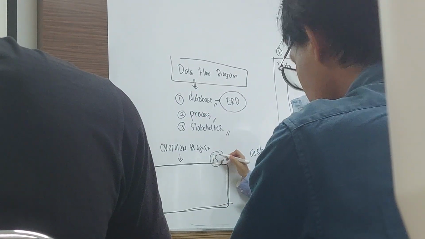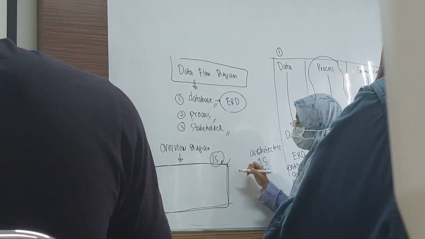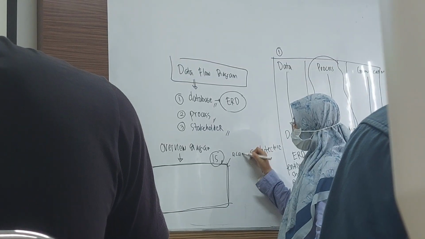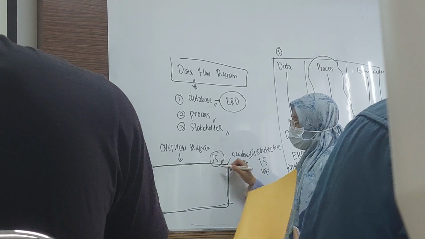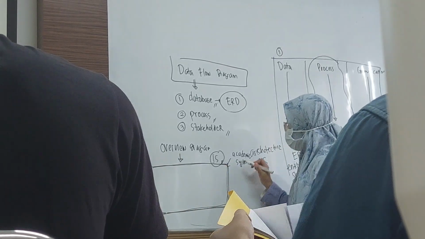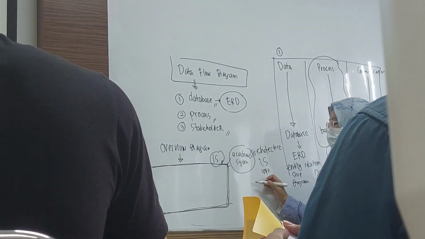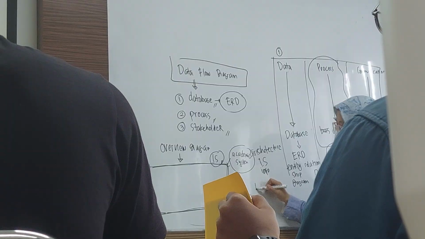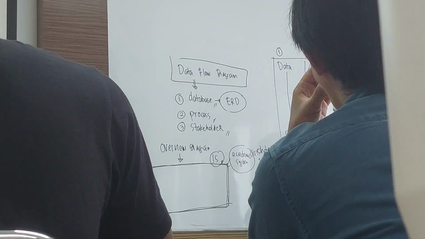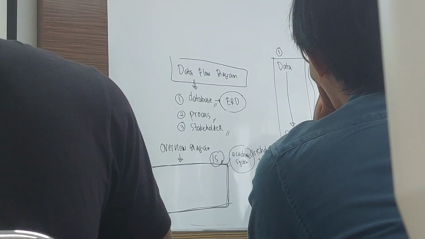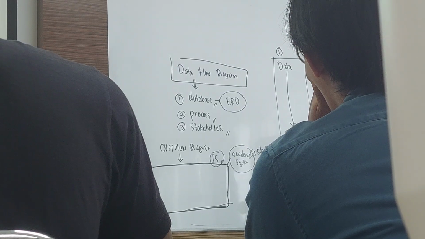If we only take an academic system, we only model it within this boundary of the academic system. If it is a hospital system, we only take the hospital information system.